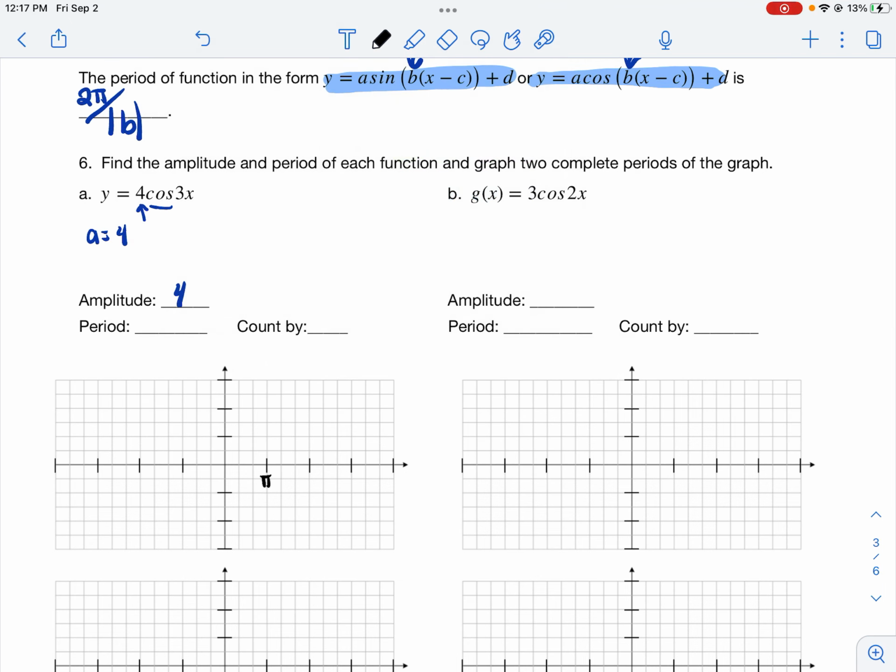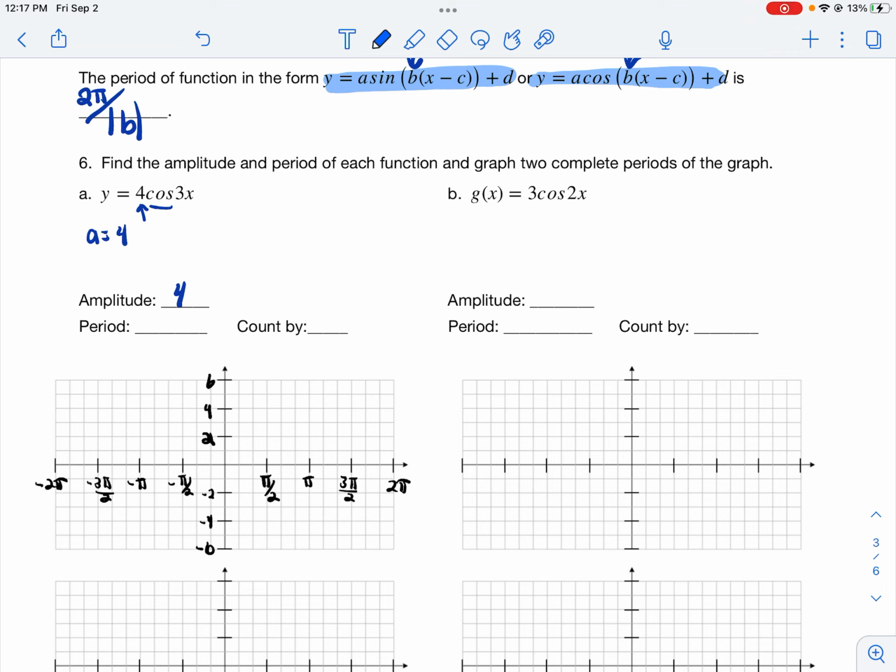So this is pi over 2, pi, 3 pi over 2, 2 pi, negative pi over 2, negative pi, negative 3 pi over 2, negative 2 pi. And I need to go up to 4, so I'm going to count by 2, 4, 6, so it'll fit on this graph. You can change the scale however you need to so that it fits. I see that I'm eventually going to have to go up to 4, so I'm just going to do that scale.